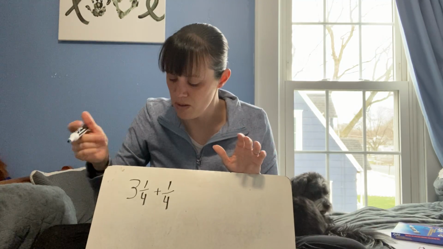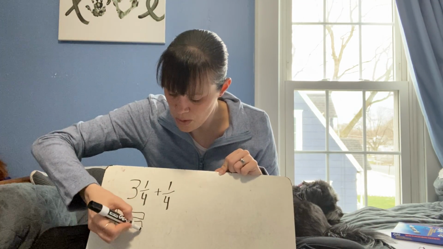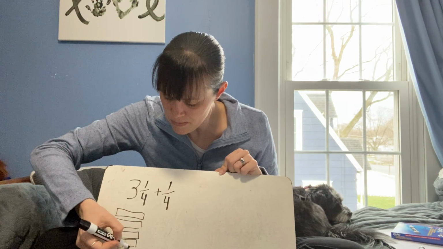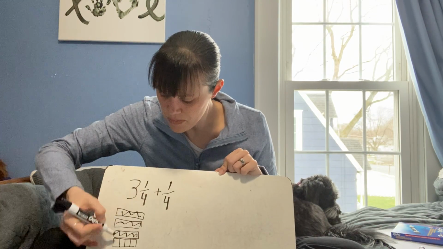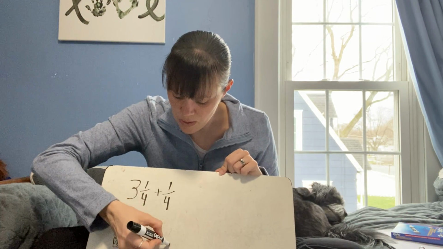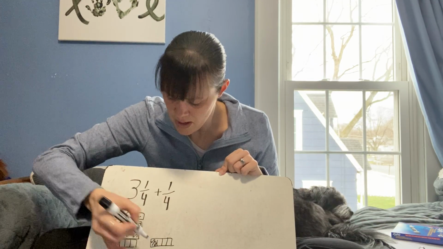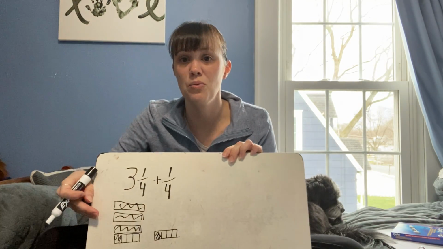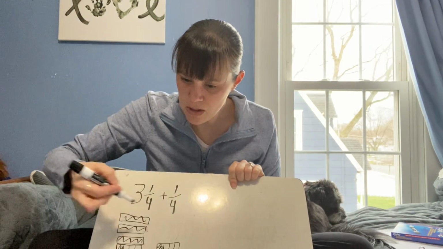And you can do that because we know that 3 1/4 is 3 wholes shaded in, and of course these all would be divided into 4 parts, and we know that this is 1/4. So I can just put this to the side for a moment, because I don't really need the 3 wholes yet. So let's look at our fractions.